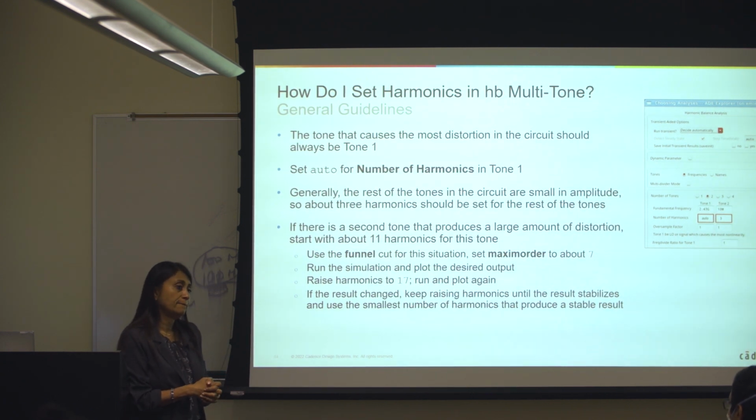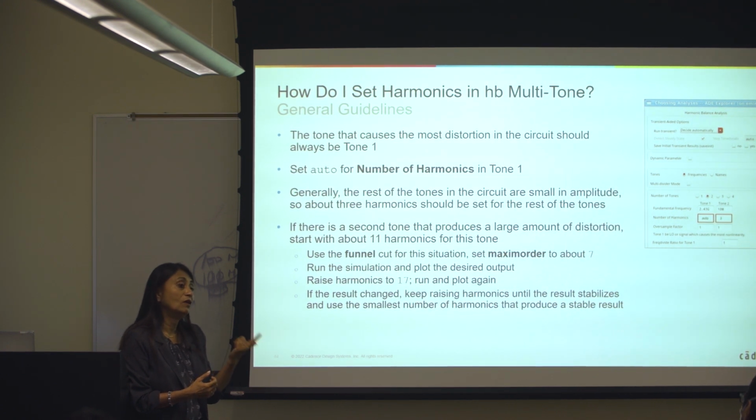In case of a mixer simulation with one LO tone and two other large signal tones, so 3 large signal tones in total, which one should be tone 1? Because the 2 signal tones will cause the most distortion. Yeah, but if you have a mixer with, say, LO and 1 RF, I always use PSS.